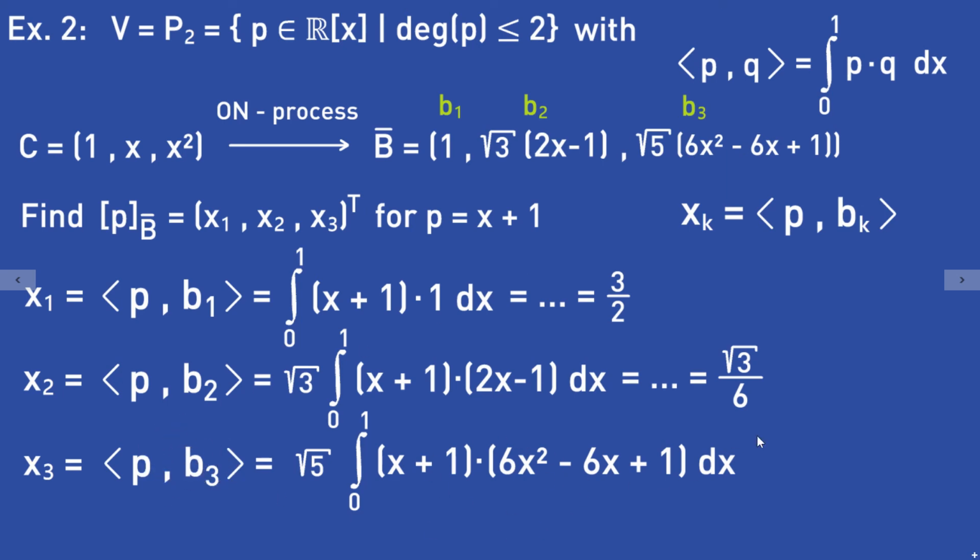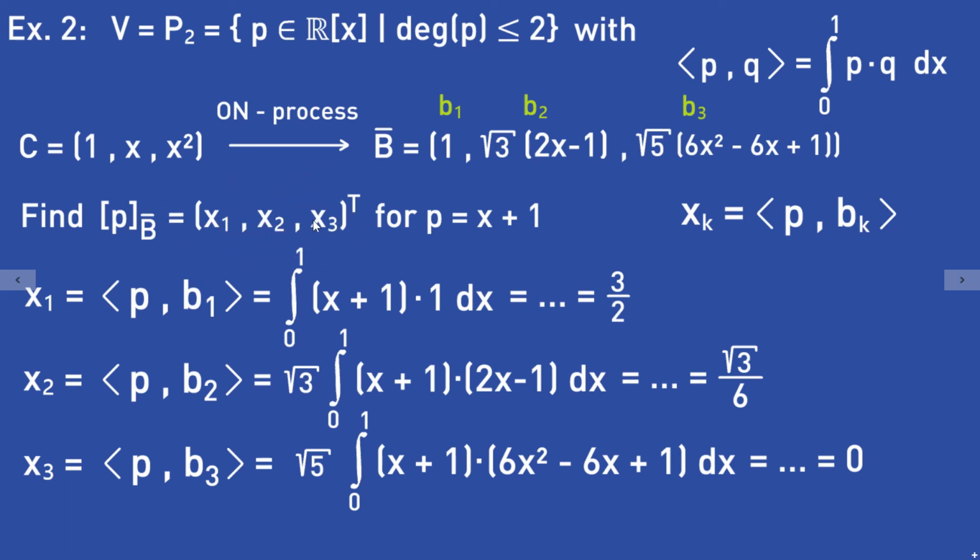When we solve this integral, we get 0 in the end. So the third coordinate x3 is equal to 0. I have used a program again to solve that integral here, but you can solve it by hand if you want. These are now the coordinates x1, x2 and x3 we were looking for.